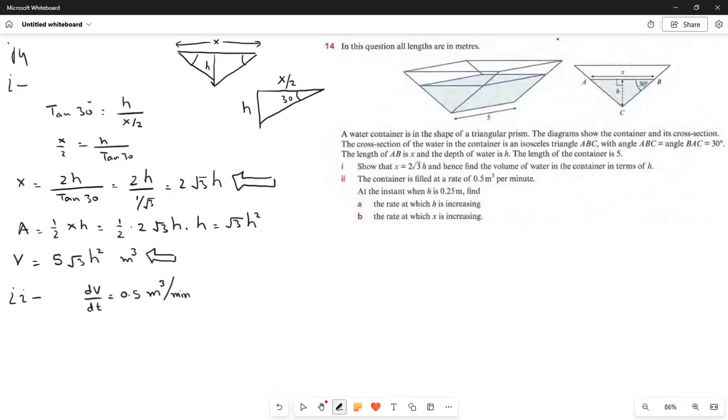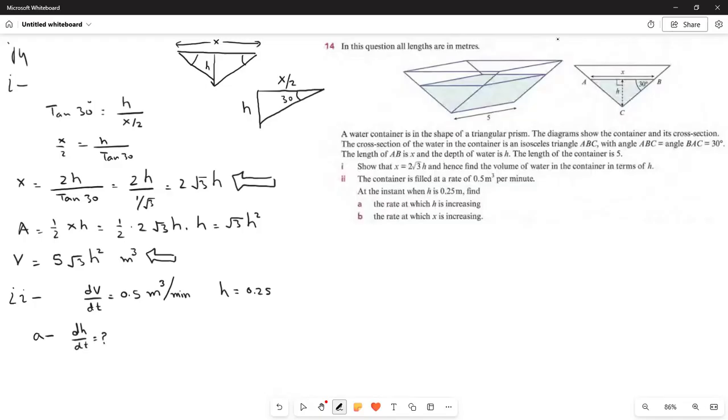This is given, at the instant when h is equal to 0.25. Now part A, we need to find the rate at which h is increasing. So we need to find dh by dt.